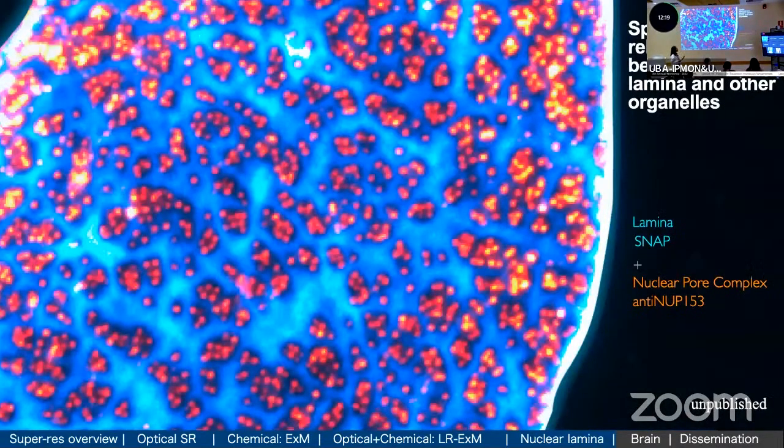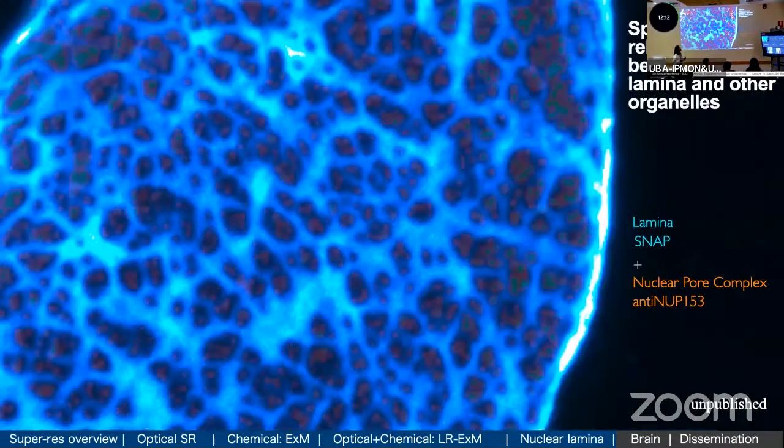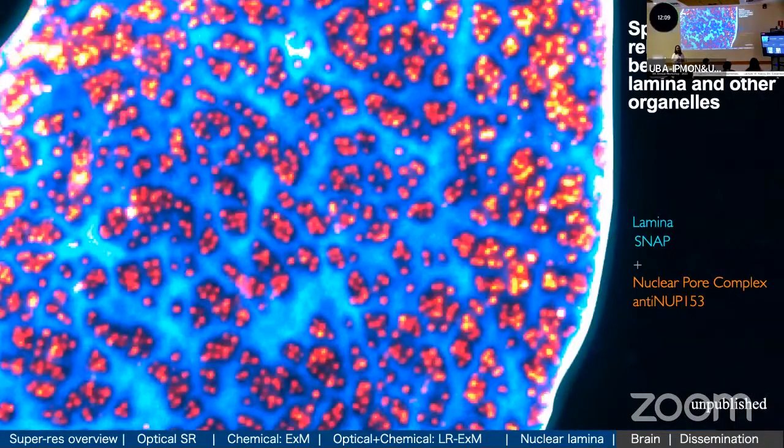And again, you can see the spatial information between different organelles, and it turned out nuclear lamina interacts with a lot of organelles. In addition to NPC, it interacts with nucleoli, ER, mitochondria, whatever you name it, since it's so big and it's connecting the nucleus with the cytosol.